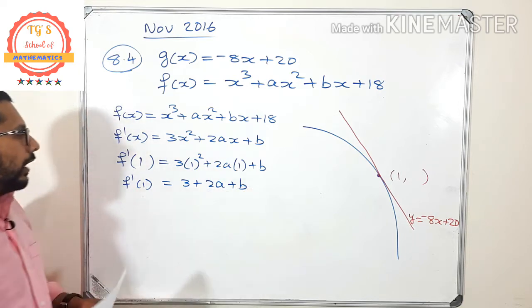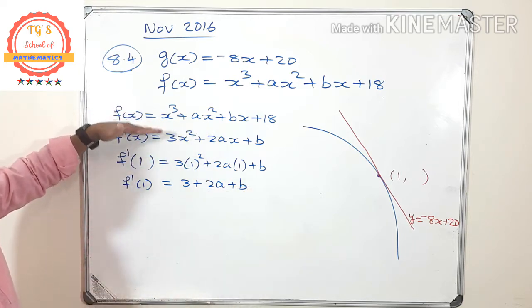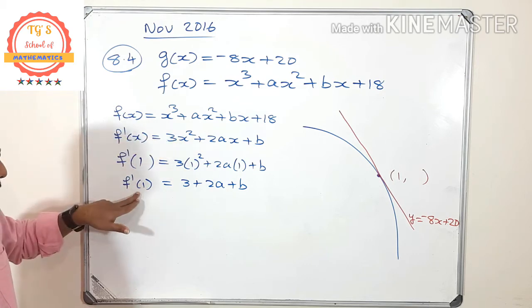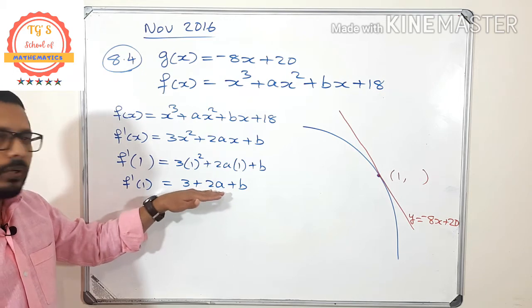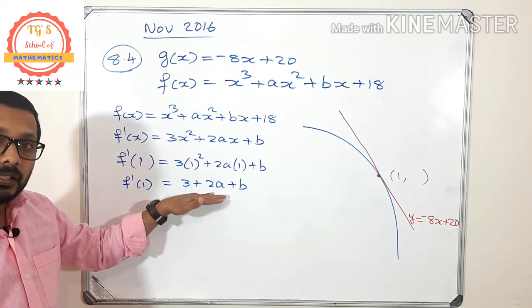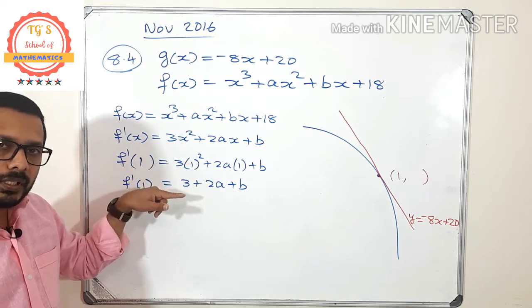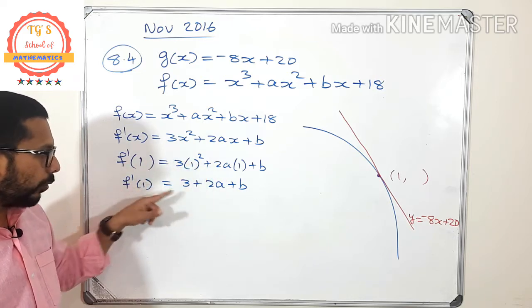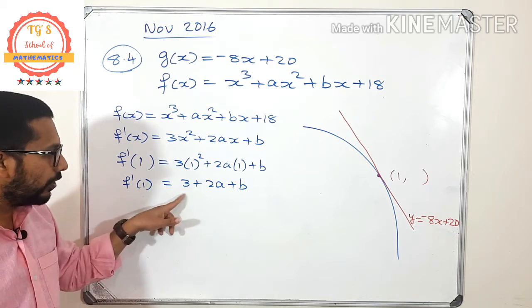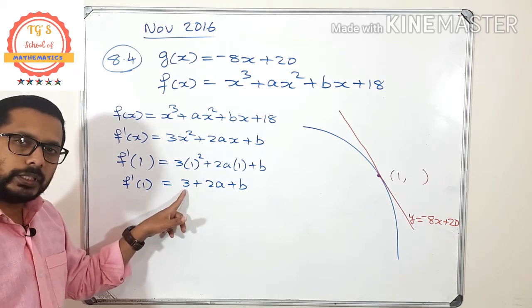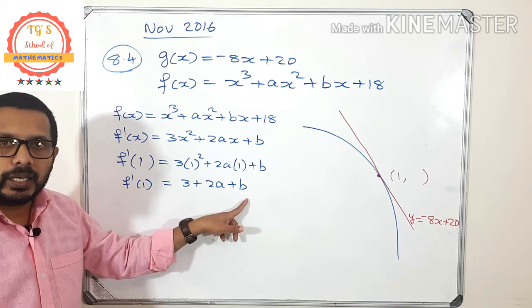So first I find the derivative, then I substitute the value of x as 1. And here what is the answer you are supposed to get? The gradient. Am I right? When you substitute the value of x at that point, you get the gradient. So here we got 2a plus b plus 3, and that is the gradient.